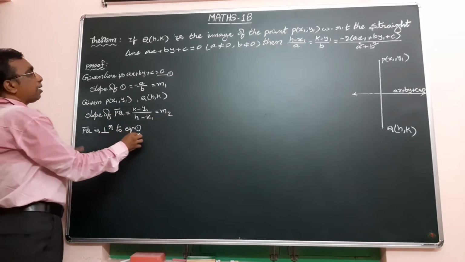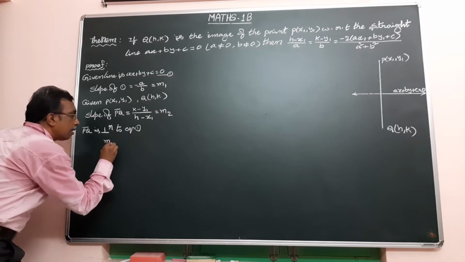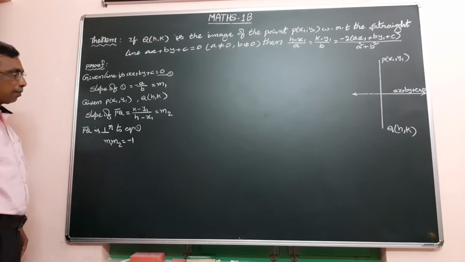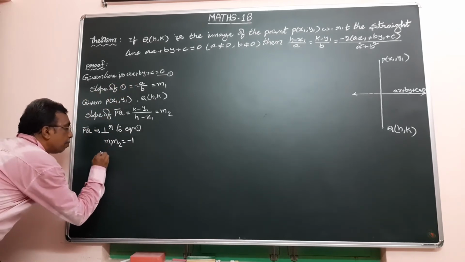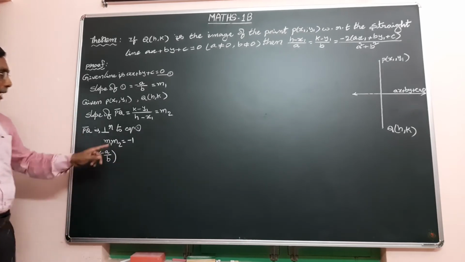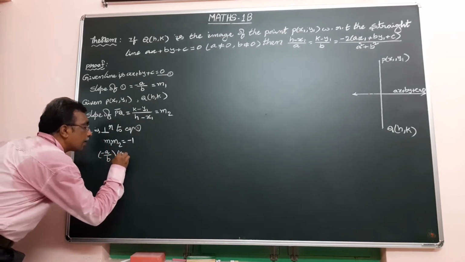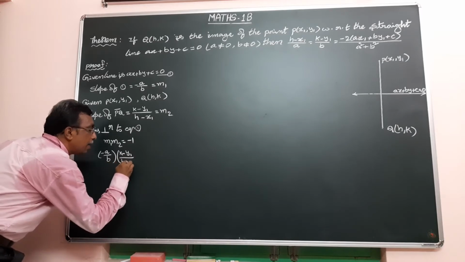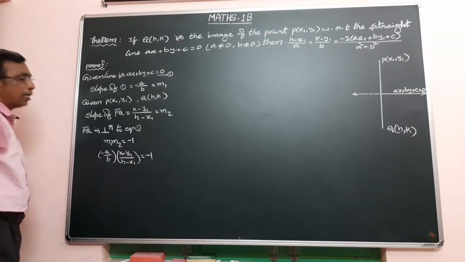These two are perpendicular means m1 into m2 equal to minus 1. What is the m1 value? Minus a by b. Minus a by b into m2, m2 is k minus y1 by h minus x1, equal to minus 1.